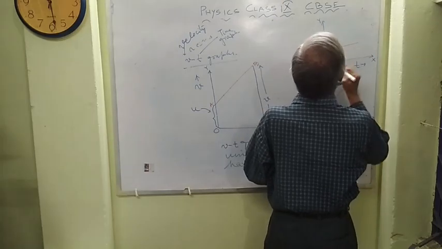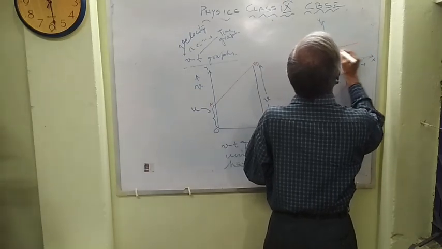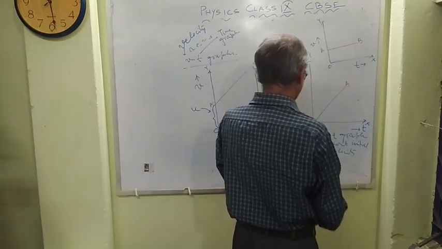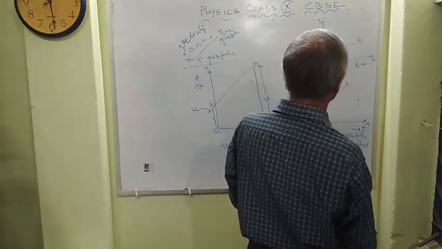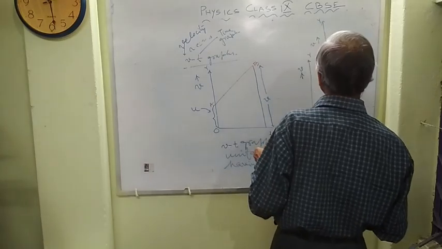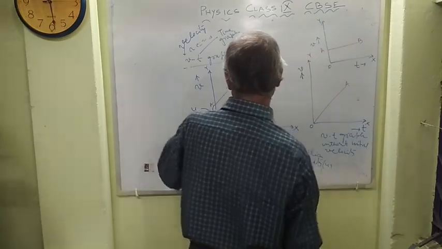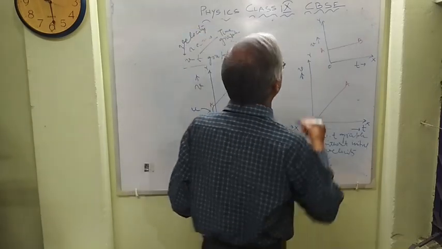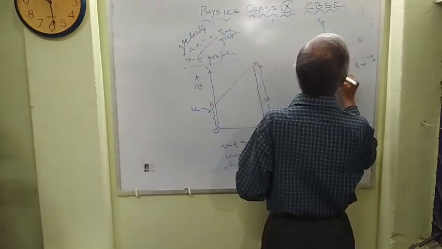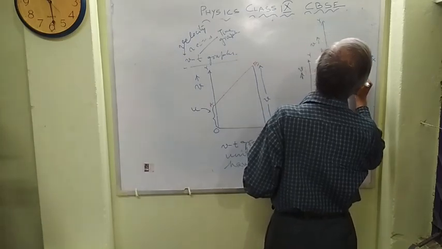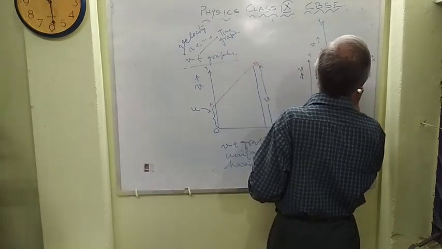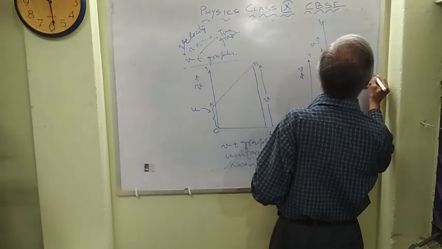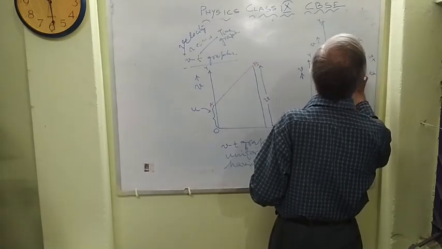This will be the velocity time graph, AB, for zero acceleration.